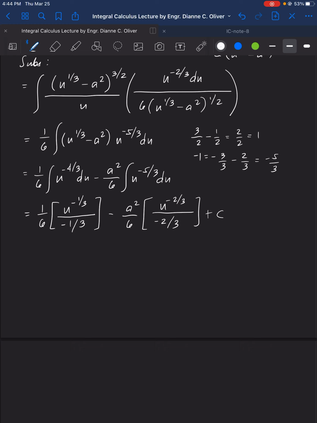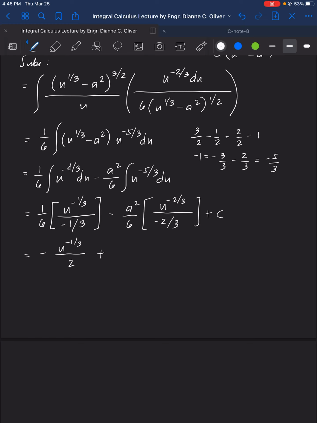Don't forget plus c. So this becomes negative 1/3. So it becomes negative u raised to negative 1/3 all over 2 plus, so this becomes 2/3.